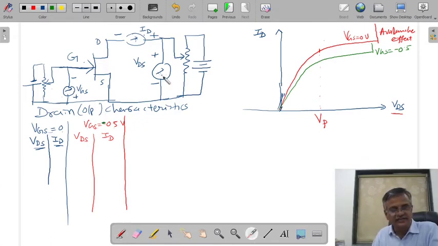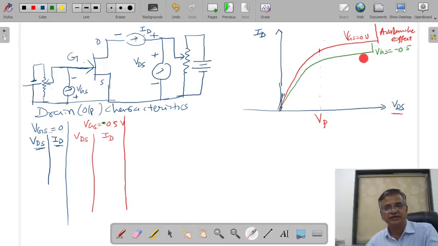Now I increase the VDS in suitable steps and the corresponding drain current is measured. Then the graph of ID versus VDS is as shown in the figure. I am changing VDS from 0 up to avalanche. A similar shape is obtained, but it is shifted down.